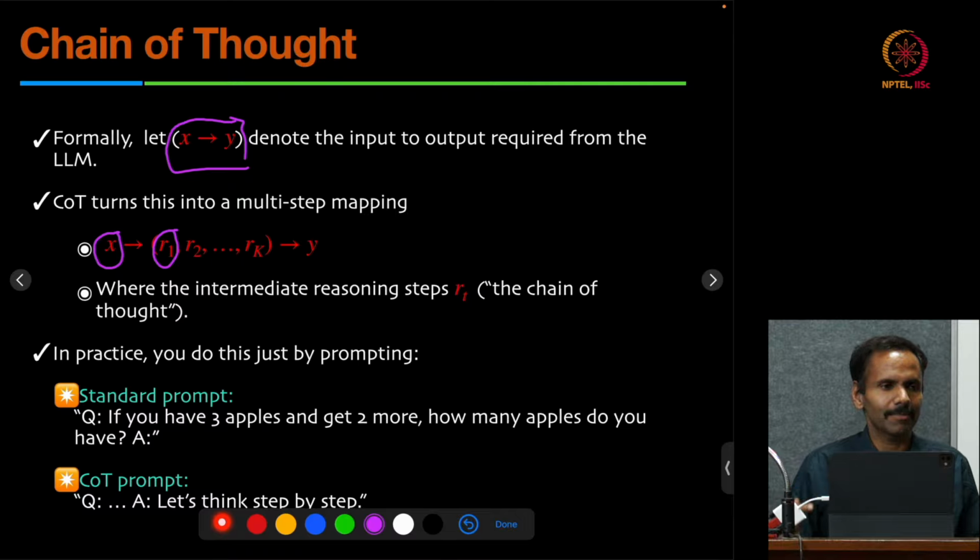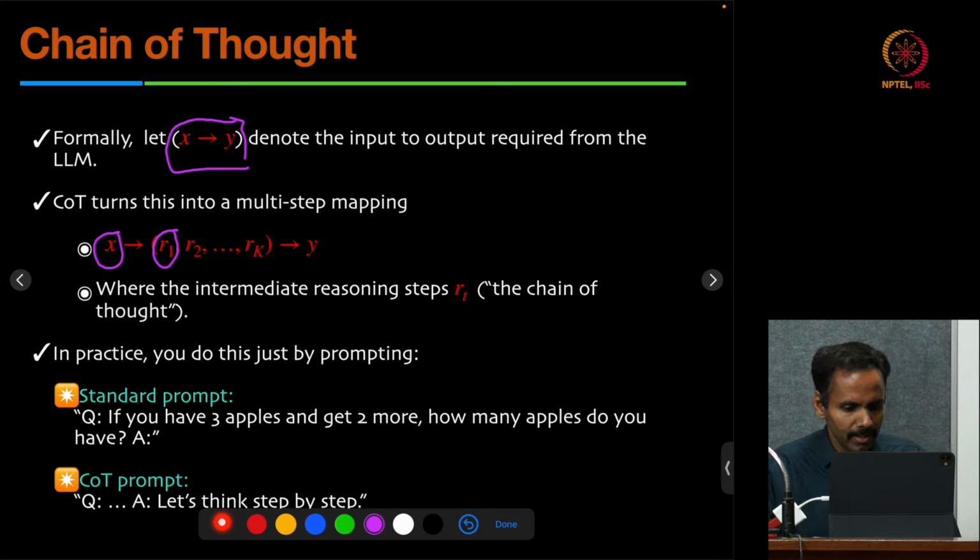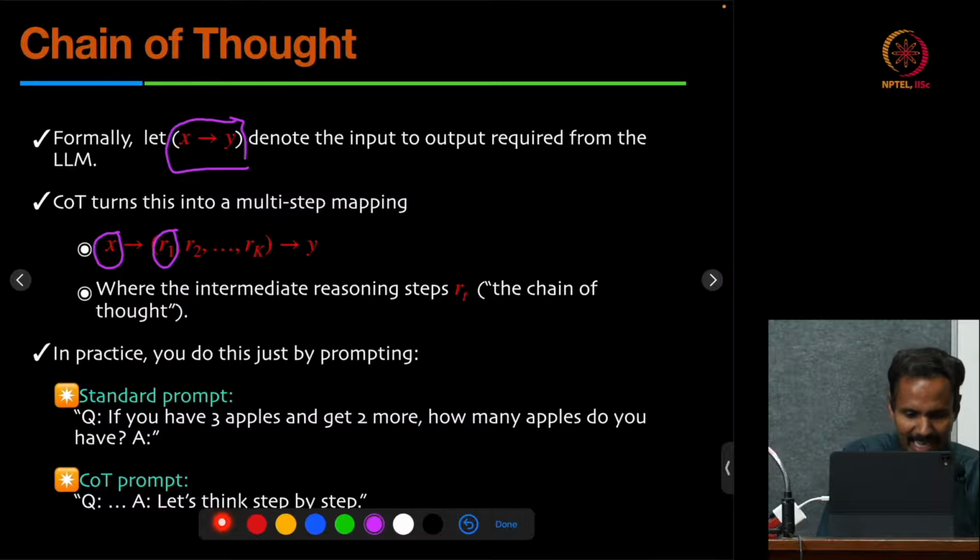So every time a response is generated as an intermediate step, you also use the input plus that generated response to now further generate a new response or a new reasoning step, right? So an example is given here.